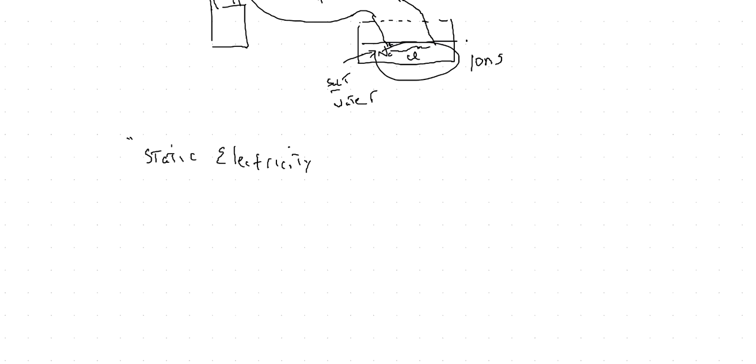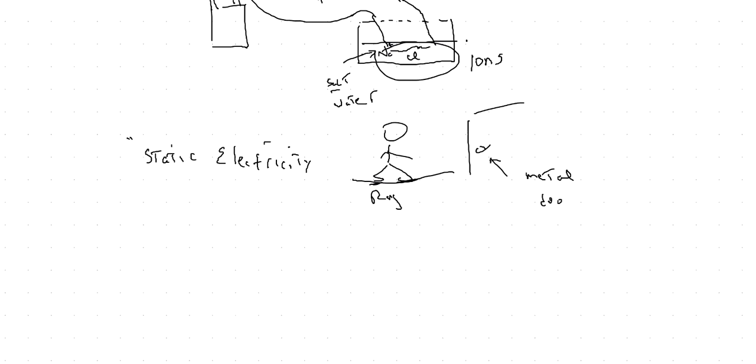When you walk, if this is a rug, carpet, and you rub your feet across there, and then you go to the door and touch this piece of metal, the metal doorknob, what happens is when you touch that, zap. Sometimes you get a shock. That's called static electricity.